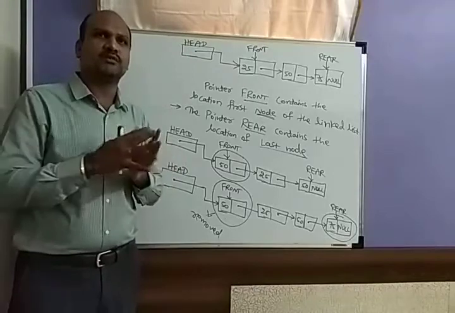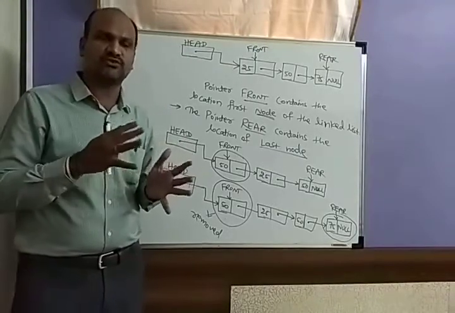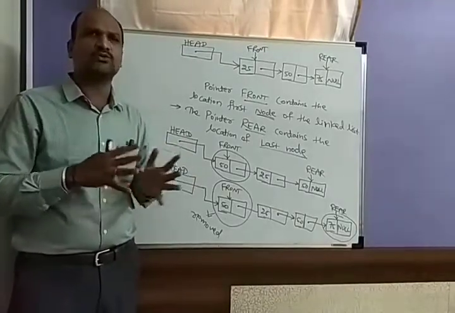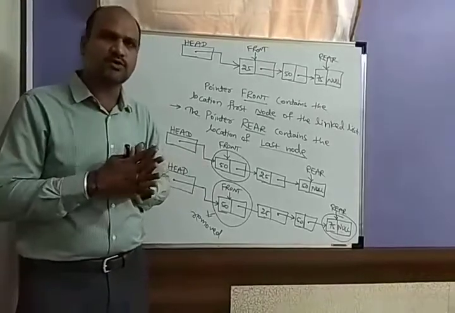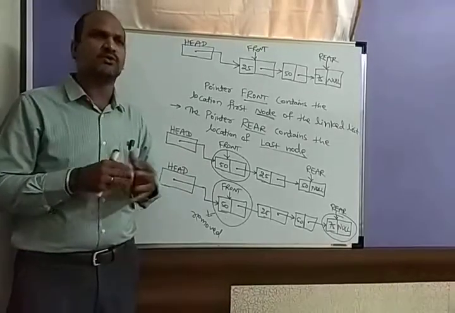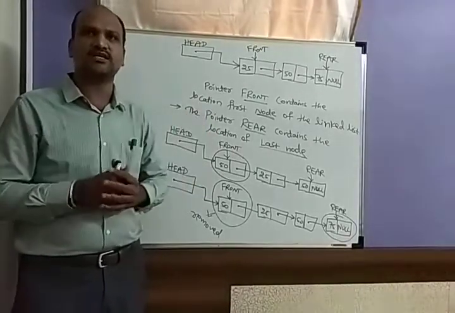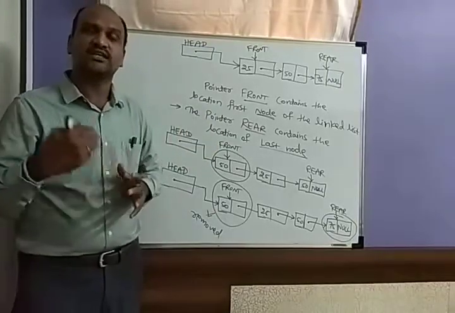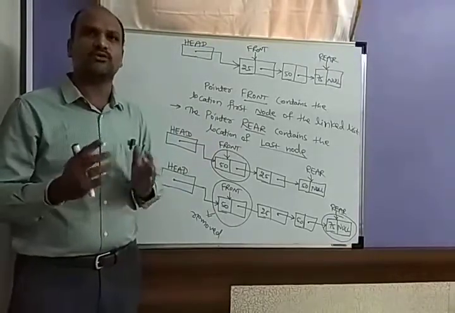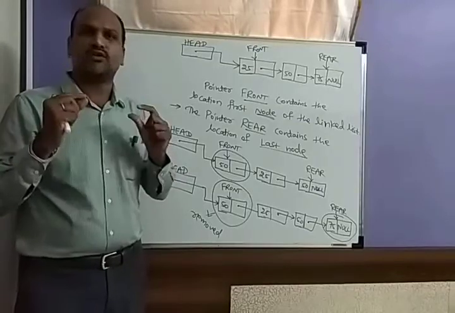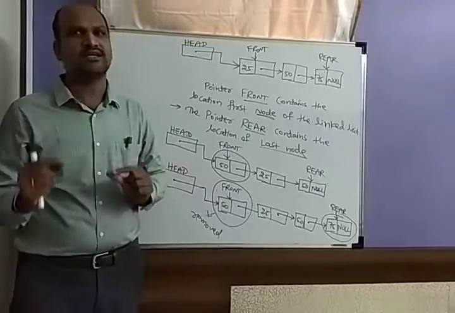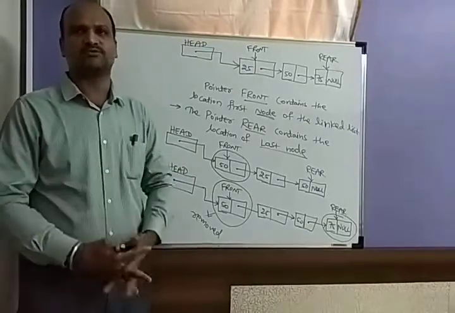Okay. So in the previous classes we discussed what is Q, the different types of Qs, and how to represent the Q in two ways. One is with arrays, one is with linked lists. In the next class we will discuss the algorithms for Q insertion and deletion. Okay. Thank you very much.